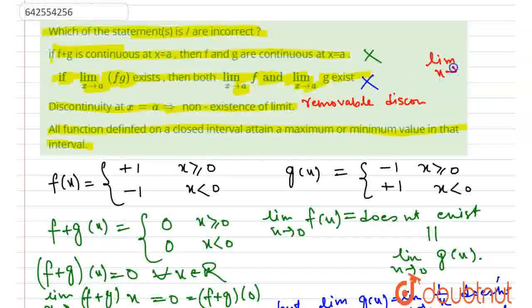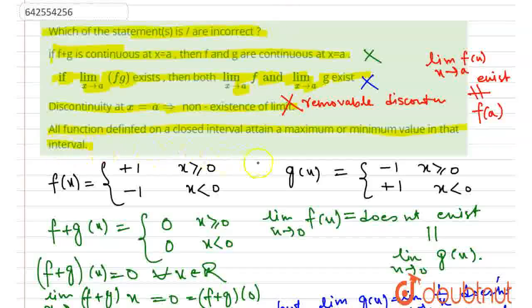Limit x going to a of f(x) exists, but that does not equal f(a). That type of discontinuity is called removable discontinuity, and for that this statement turns out to be false. So this is also not correct.